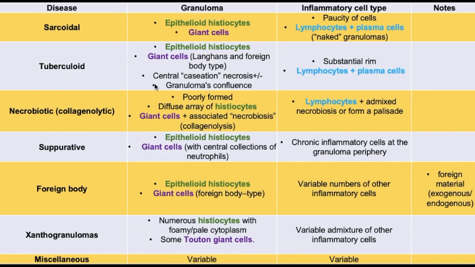If you compare all these diseases, you will see that all of them have epithelioid histiocytes, all of them have some sort of giant cells, and all of them have inflammatory cells that are mainly composed of lymphocytes and sometimes plasma cells, or sometimes a mixed inflammatory infiltrate.